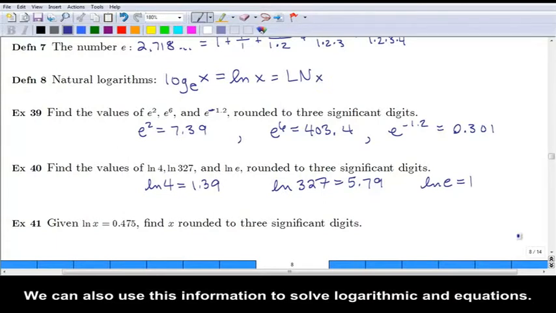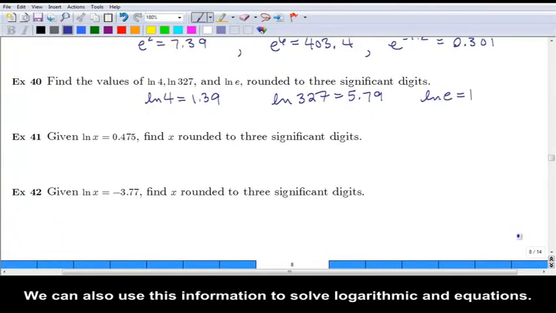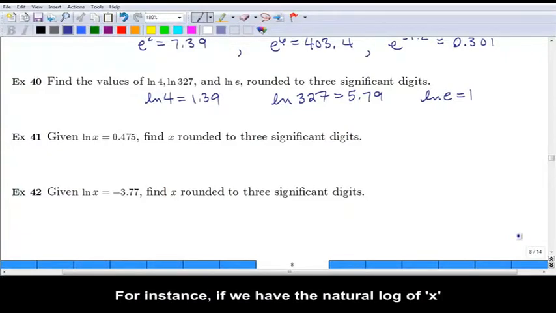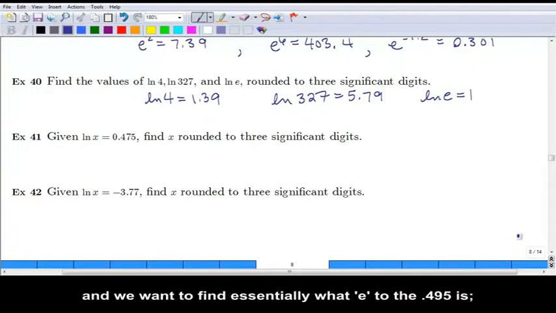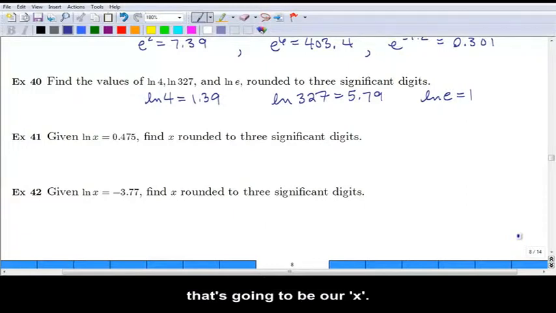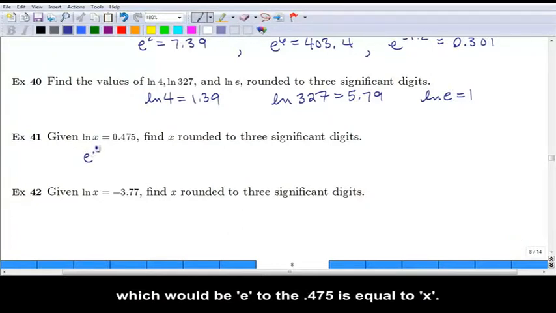We can also use this information to solve logarithmic and exponential equations. For instance, if we have the natural log of x equals 0.475 and we want to find essentially what x is, we have options. We can rewrite it in the form e to the 0.475 is equal to x.